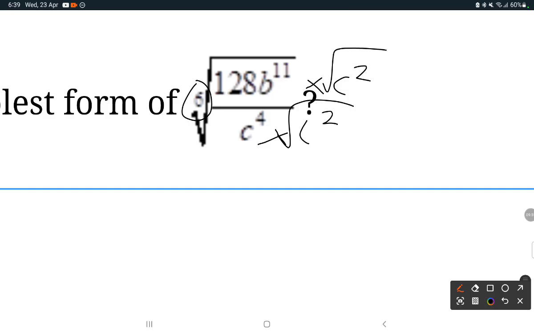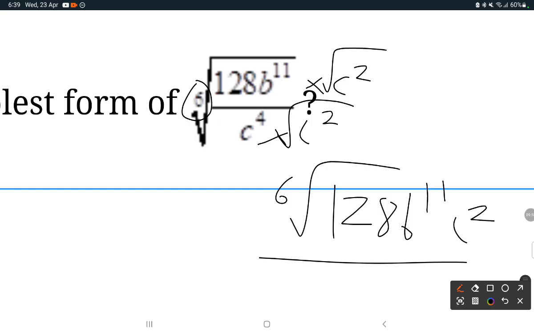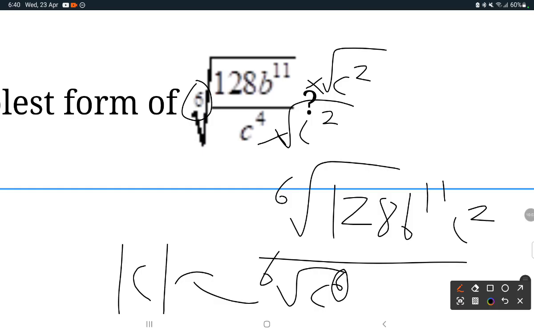So this will be 128 b to the power of 11 c squared over the 6th root of c to the power of 6. We'll take it out and it will just be c. And then it went from even, which is to the power of 6, to odd. So we apply absolute value.